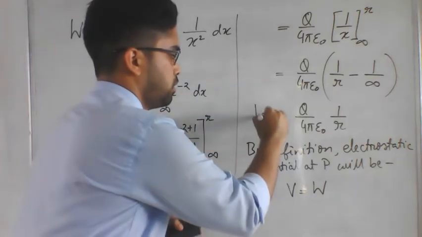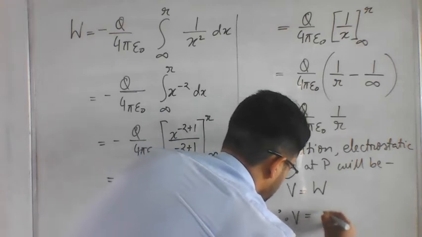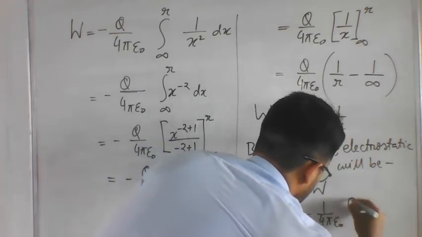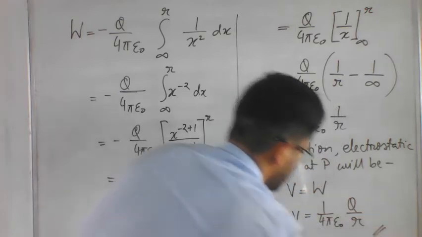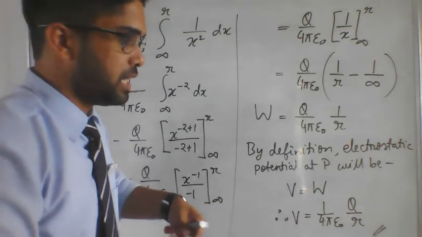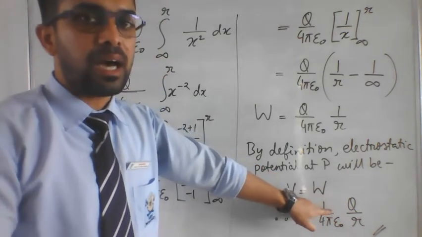This is W we have got, so we can write therefore that V is equal to 1 by 4 pi epsilon naught Q by r. So this is the expression by which we measure electrostatic potential due to a source charge at any distance r away from it.